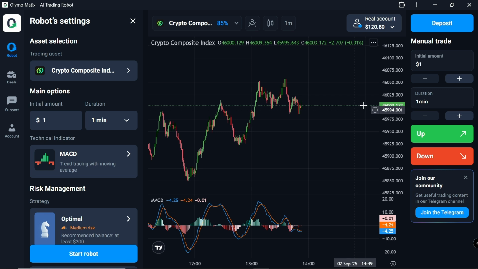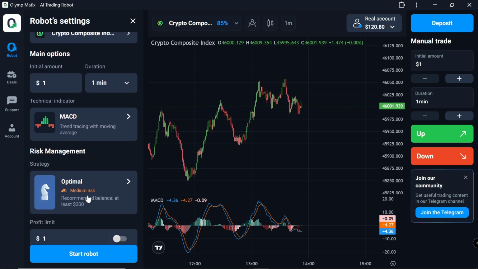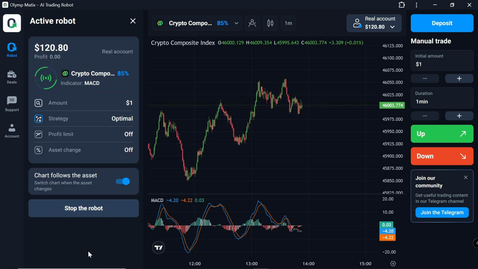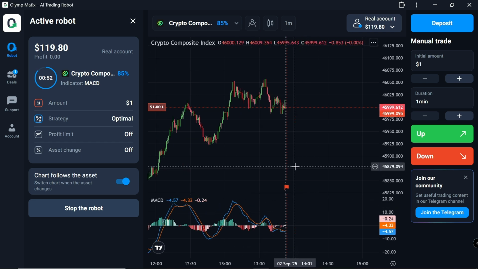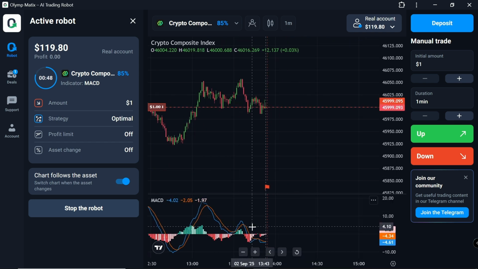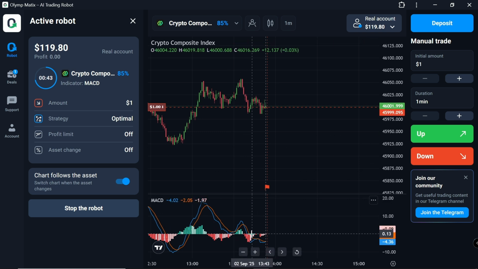So today I'm going to be demonstrating on my real account, and I'm going to be risking $1, right, with the optimal strategy. So let's see how far we go. So right, the robot is going to take trades based on the MACD. So right now we can clearly see that the market is still selling. It is just taking a trend continuation to the downside, right?